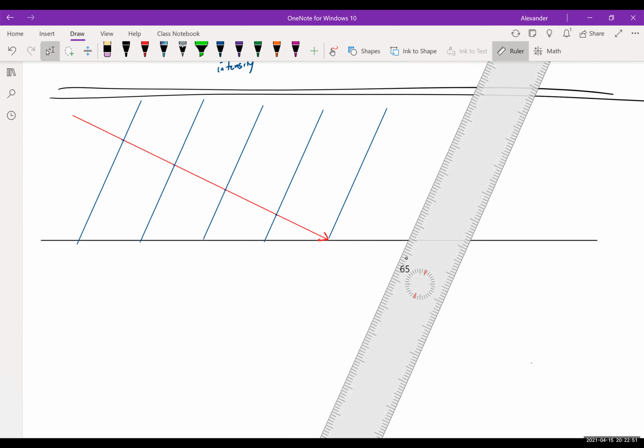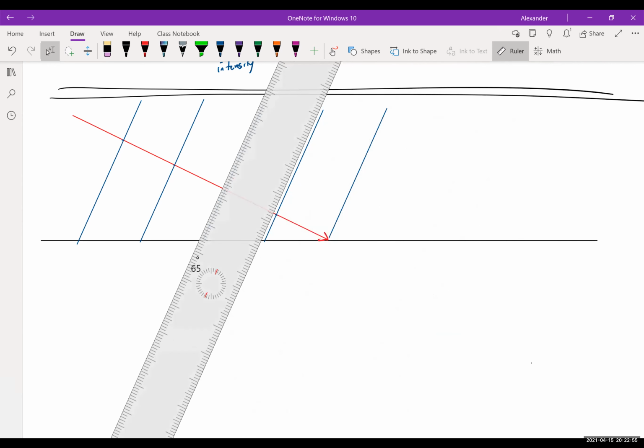Suppose it is the case that the index of refraction is larger in the second medium.